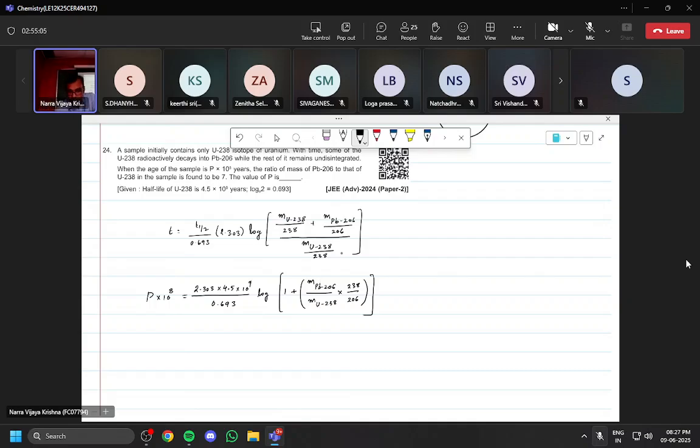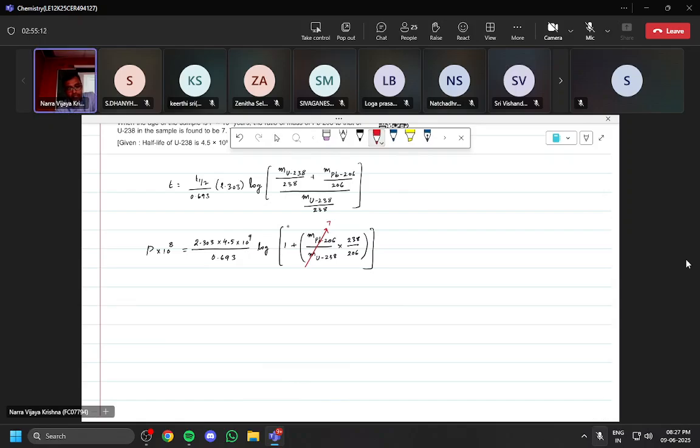What is this ratio given? 7. Calculate that part. So P equal to, can I cancel 10 power 8 and this? So you'll get 10 times 0.3010, so approximately 0.3 times. Then I can write it as 45 by 3.